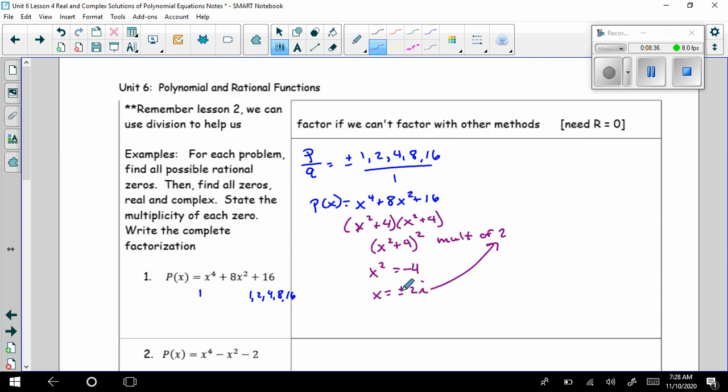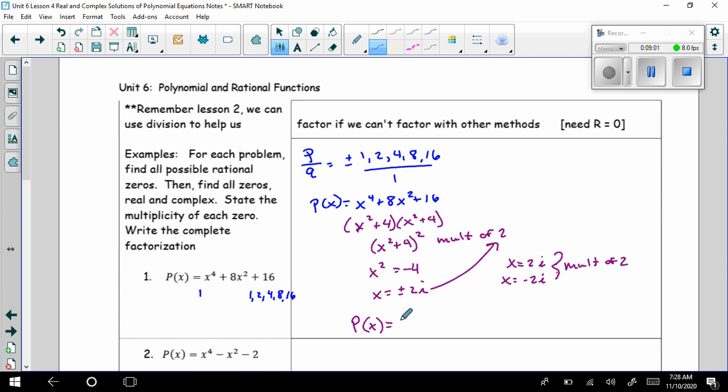Okay, so each of those has a multiplicity of 2.